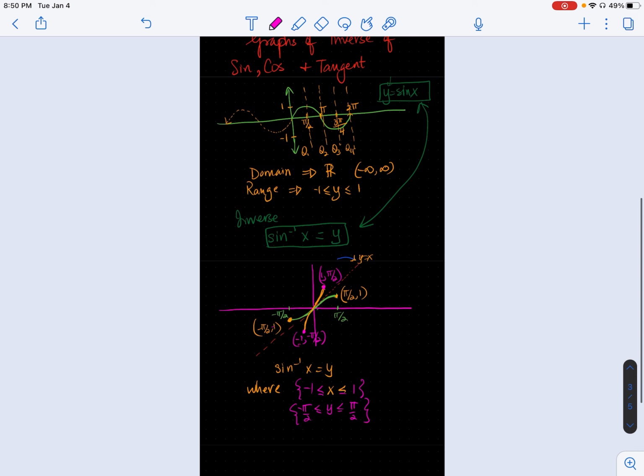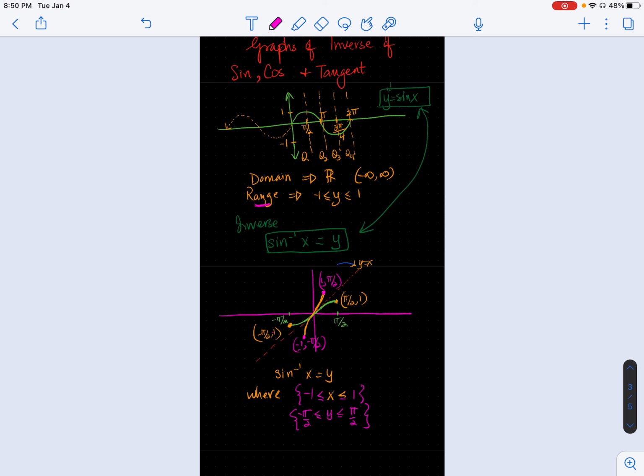Also notice how the range here was between negative 1 and 1, but now the domain is between negative 1 and 1. And with inverses, domain and range also flip roles. Whatever the domain of the original function is turns into the range, and range turns into the domain, usually.